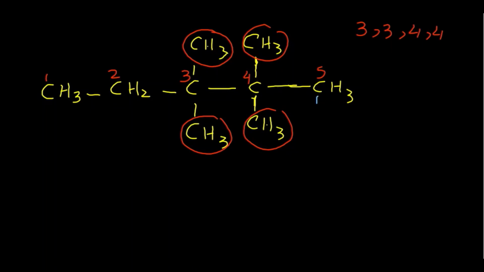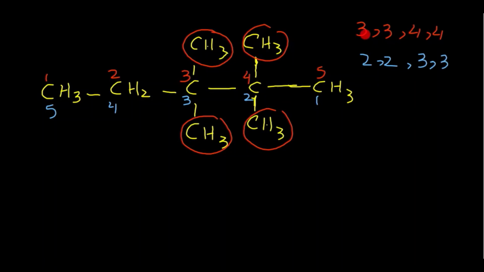Right students? But if we do the numbering from the right hand side, 1, 2, 3, 4, 5, two methyl radicals are attached with carbon number 2, and two methyl radicals are attached with carbon number 3.